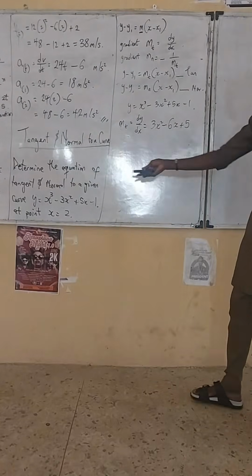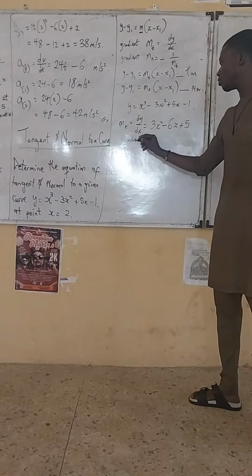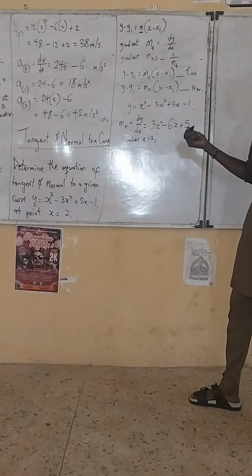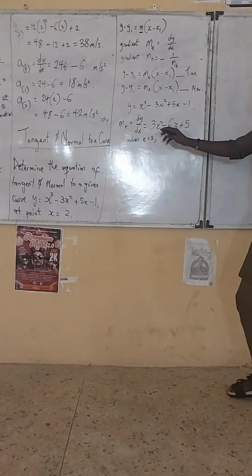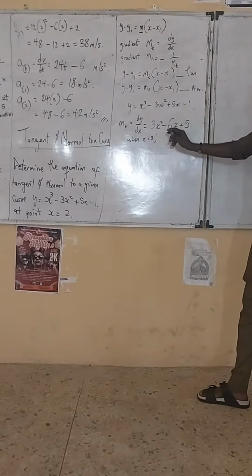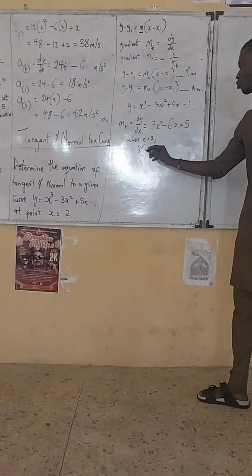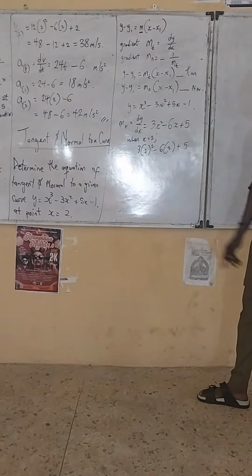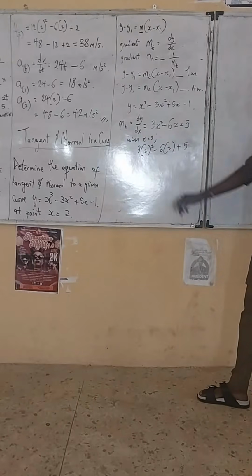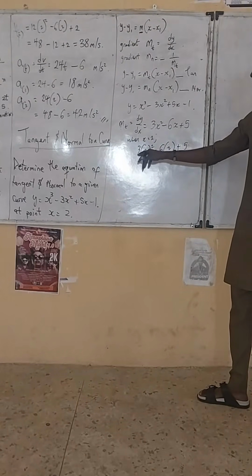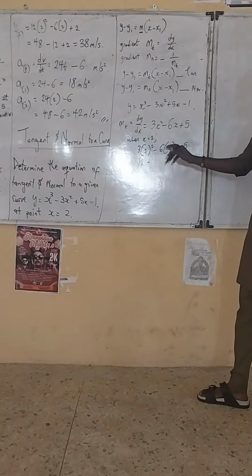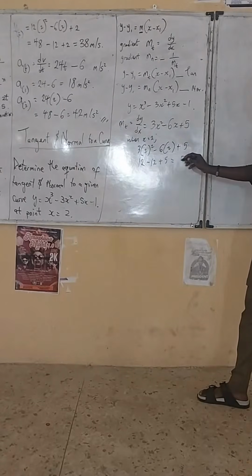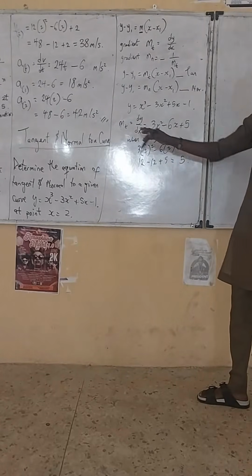So if we put in our value for x, when x equals 2, we have 3 into 2 squared minus 6 into 2 plus 5. 2 raised to 2 is 4, then 4 times 3 is 12, minus 12 plus 5. This cancels this, so our mt is 5.